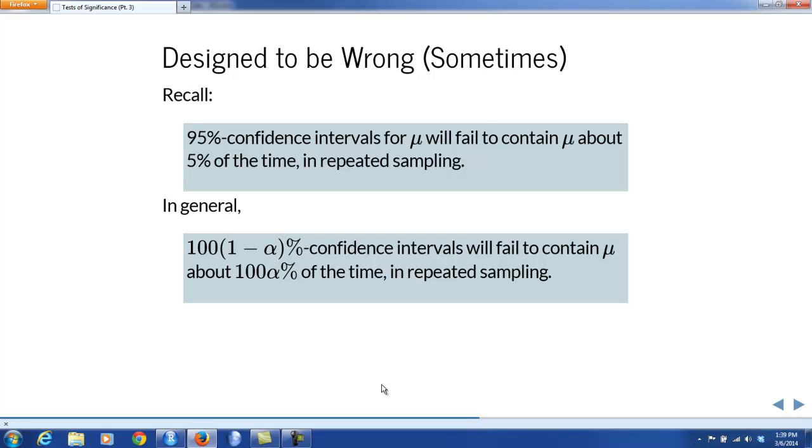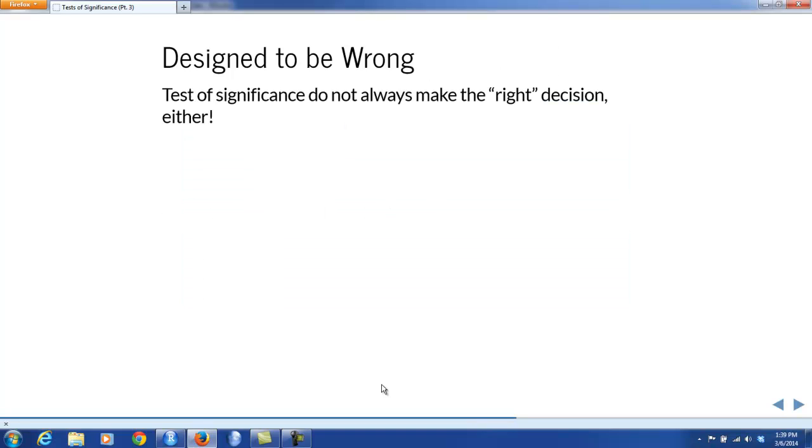And in general, a 100 times (1 minus alpha) percent confidence interval will fail to contain mu about 100 times alpha percent of the time in repeated sampling. In the same way, tests of significance are designed to be wrong a certain percentage of the time. They do not always make the right decision about the value of the population parameter.